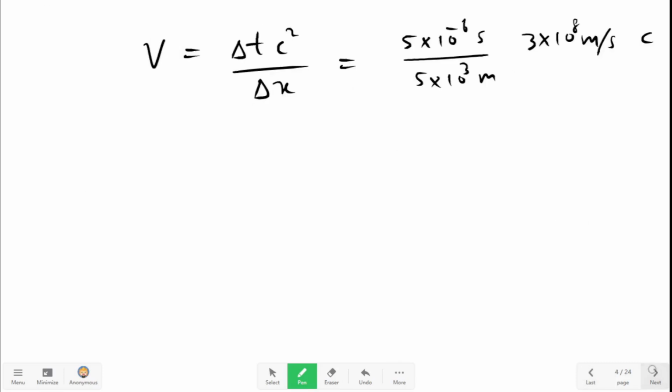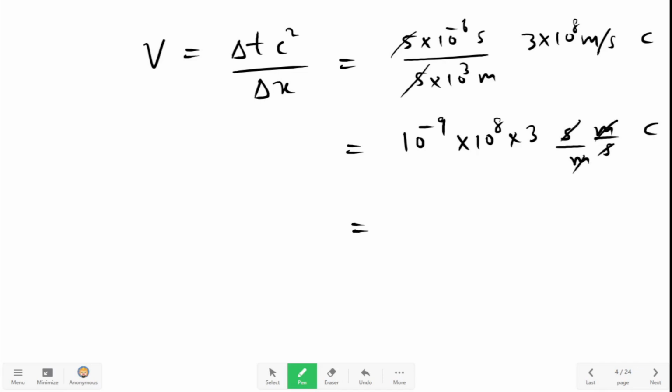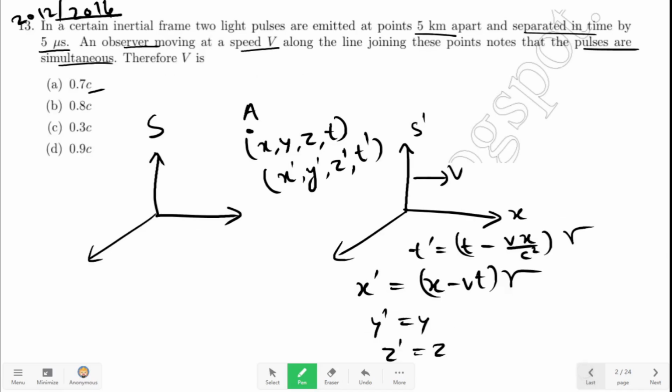So this is equal to 5 gets cancelled, 10 raised to minus 9 times 10 raised to 8 times 3, with units second per meter and meter per second, and c here. This is equal to 3 into 10 raised to minus 1 c, which is equal to 0.3 c. Therefore the speed with which the observer is moving is 0.3 c.